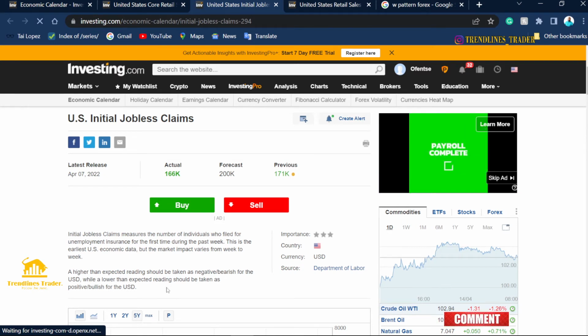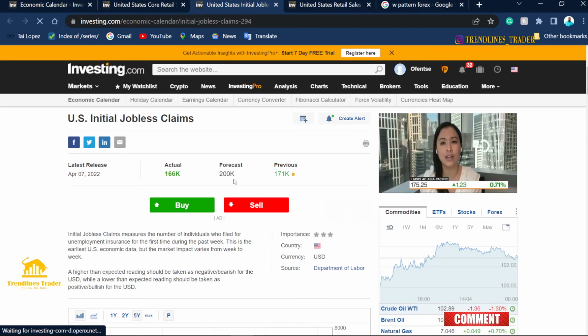So this is opposite to the previous. Remember, the lower than expected, the lower than the forecast, is taken as positive, which is bullish for the USD.